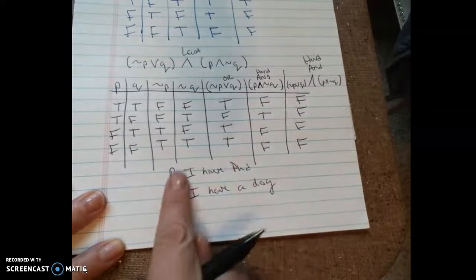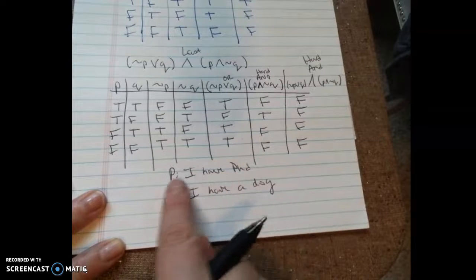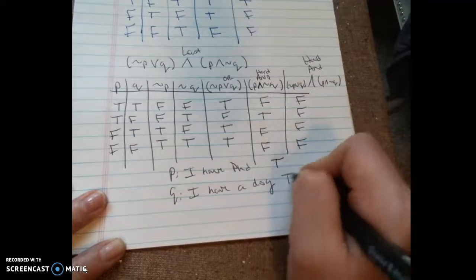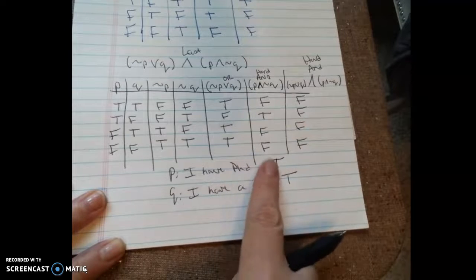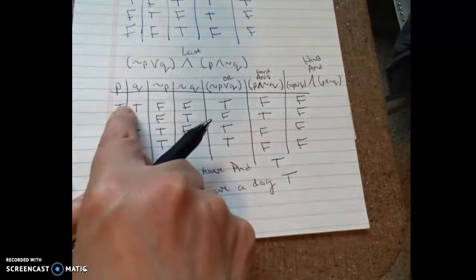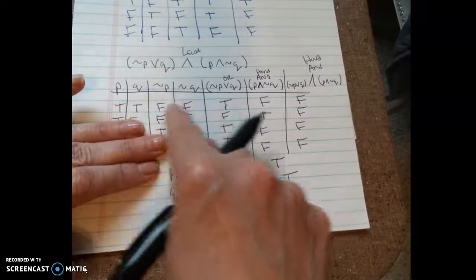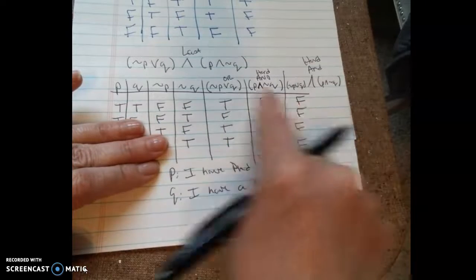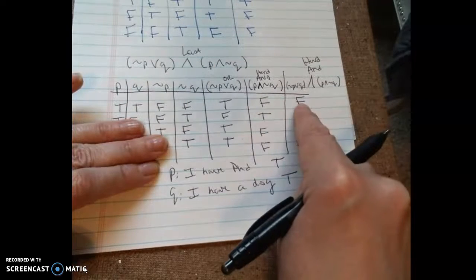Okay. So those are both true statements. I do have a PhD and you just saw part of my dog a second ago. So true, true. But then do you get the answer to this ugly looking thing? All you have to do is go to the true, true, go all the way across, and you know the answer to this thing is false.